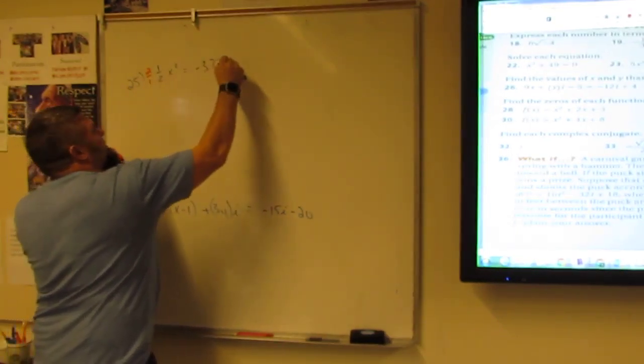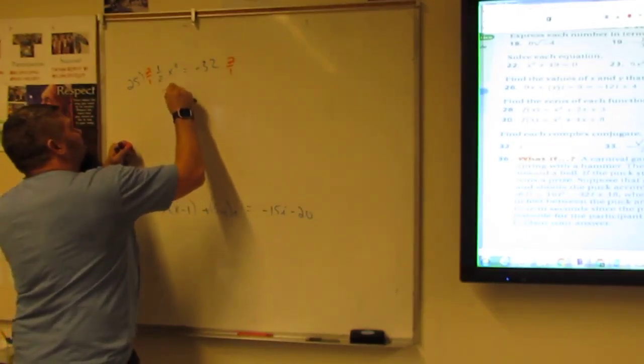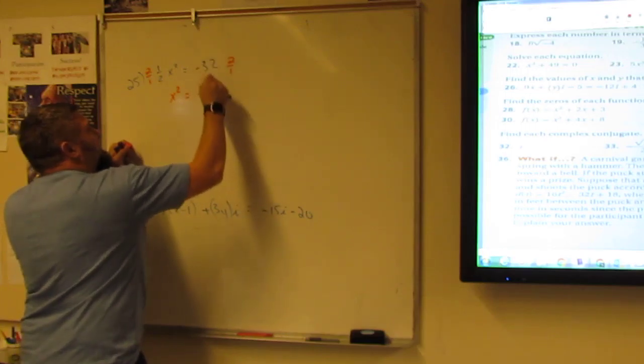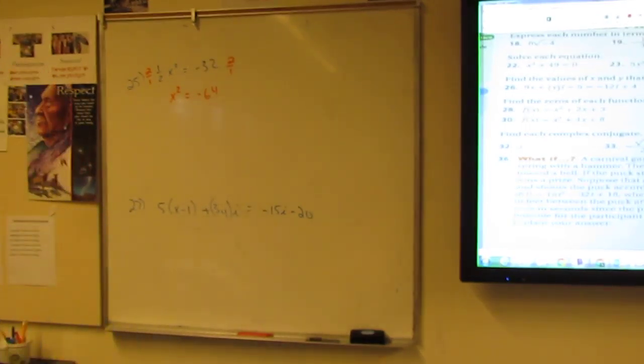What I do to one side, I do to the other, and so I'm left with x squared is equal to negative 64. Now, we all know the square root of 64 is 8, right? Would it be positive?